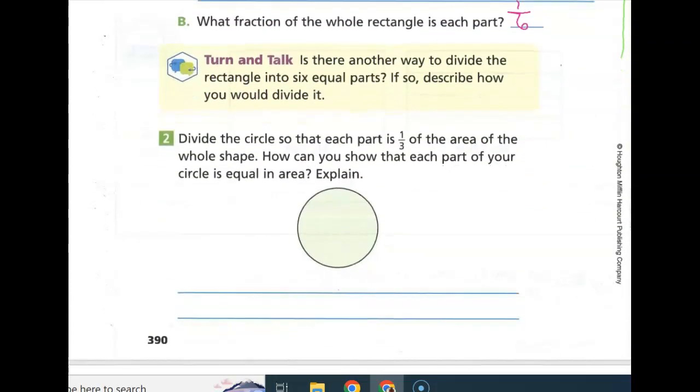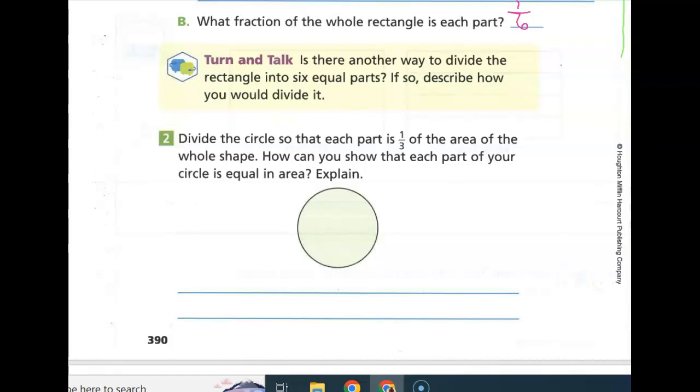Divide this circle so that each part is 1/3 of the area of the whole shape. How can you show that each part of your circle is equal in area? How do we divide a circle into 3 equal shapes?